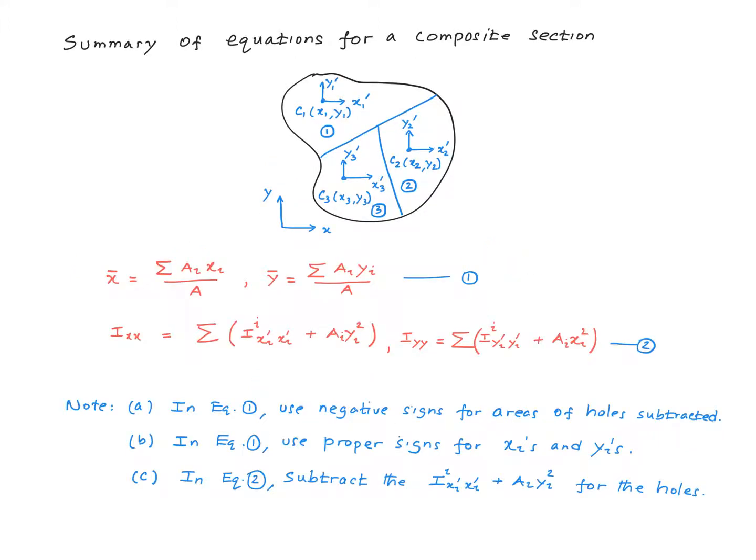So here's a summary of the equations for a composite section. These are the equations for finding the centroid, and these are the equations for finding the second moments of inertia. And in this example, I kind of implied that I'm adding the three areas in order to get this composite section, right? But in some cases, you may have to subtract certain sub-areas.